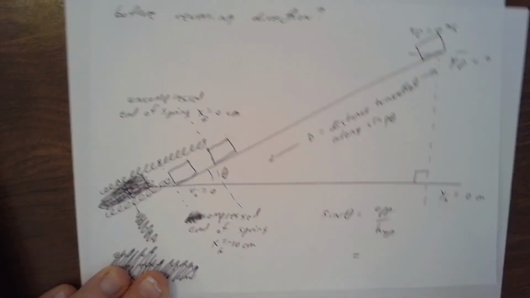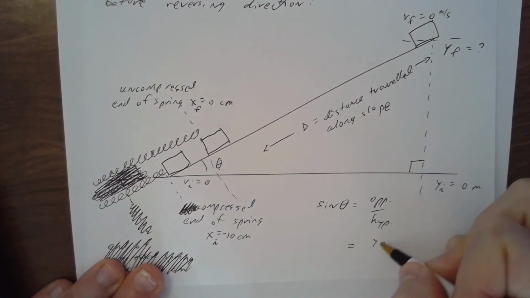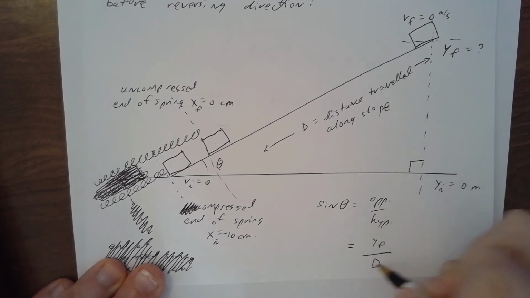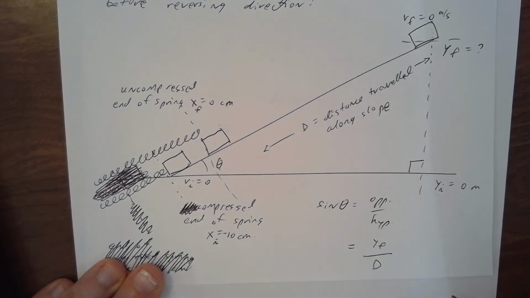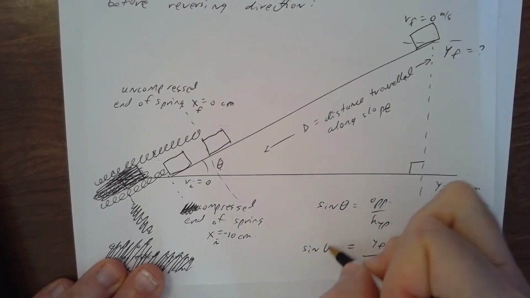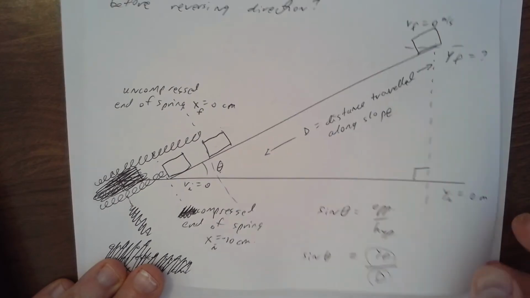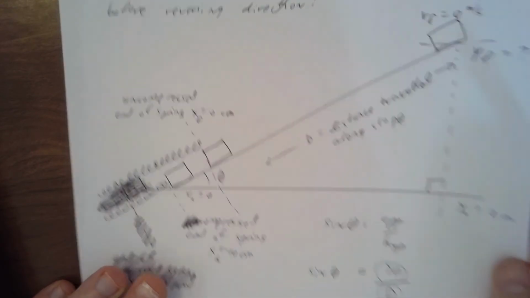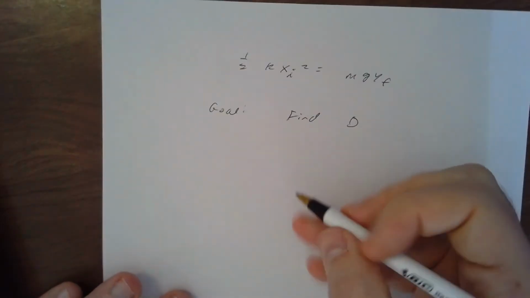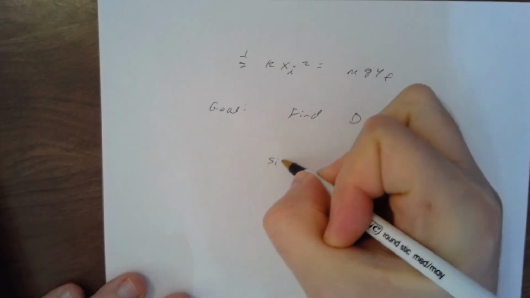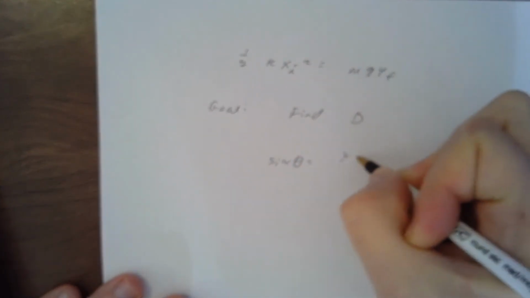In this case, the opposite side is y final, the hypotenuse is d, and I know the angle theta. So that's going to let me solve for a relationship between y final and d. So we know that sine theta equals y final over d.